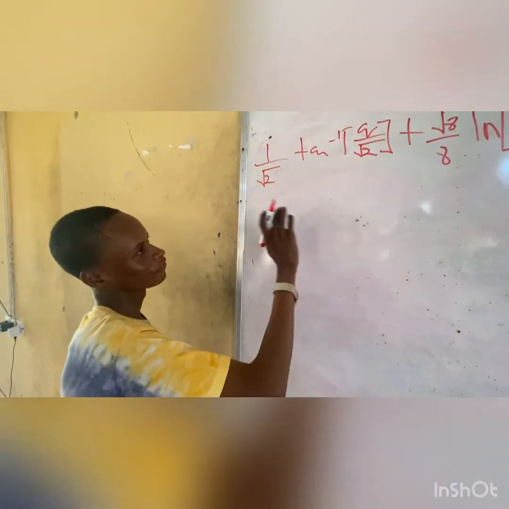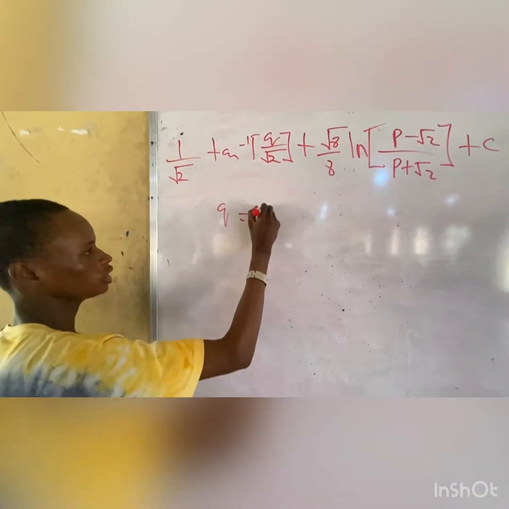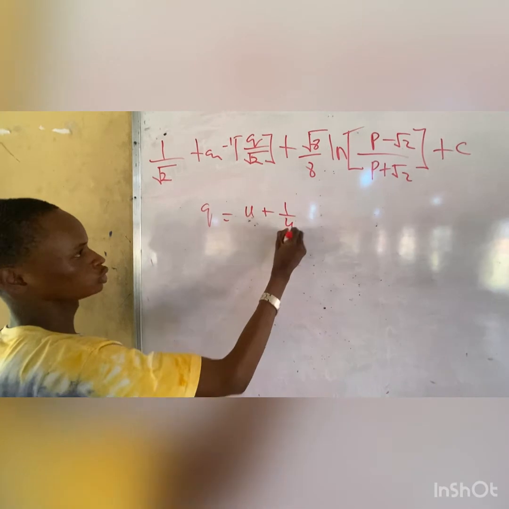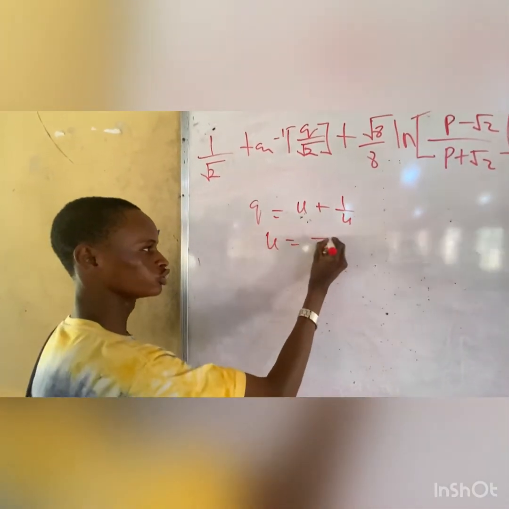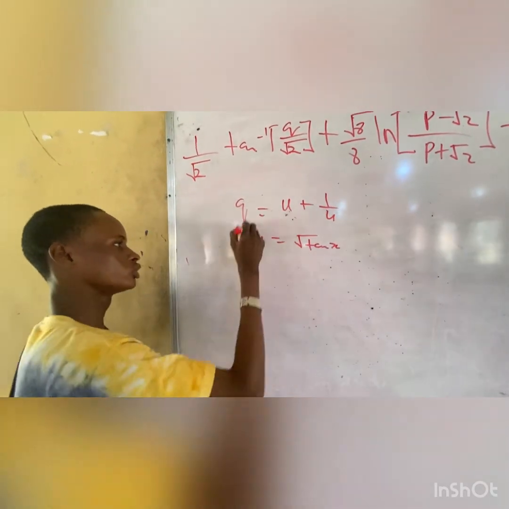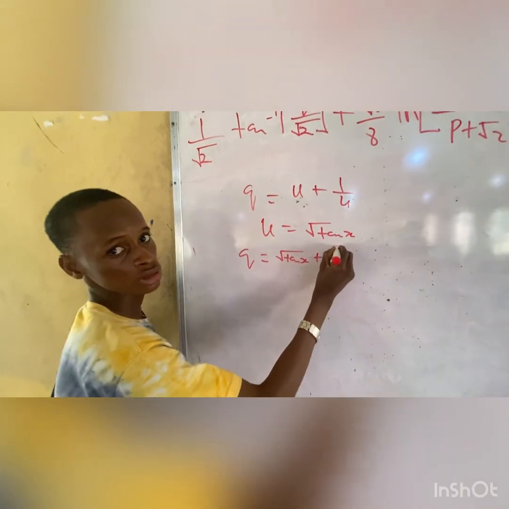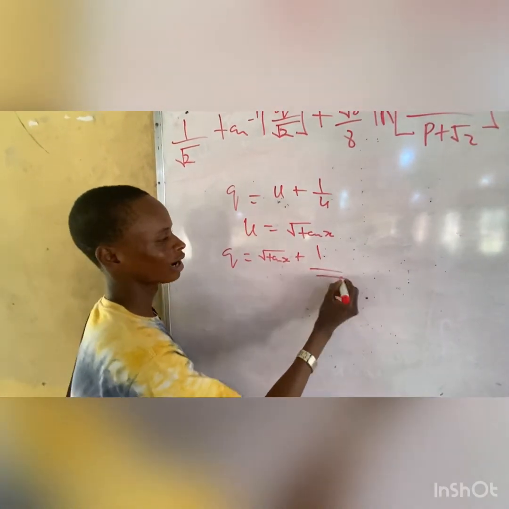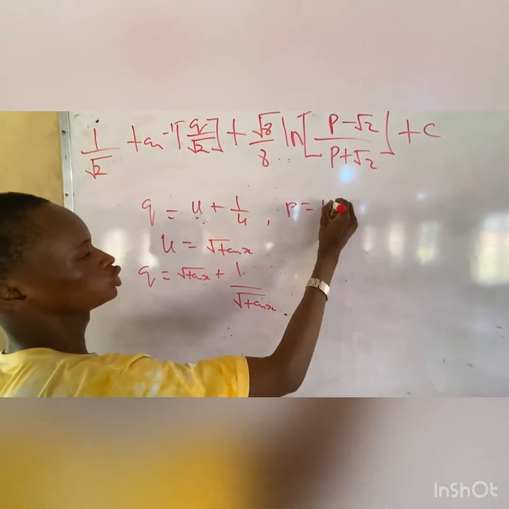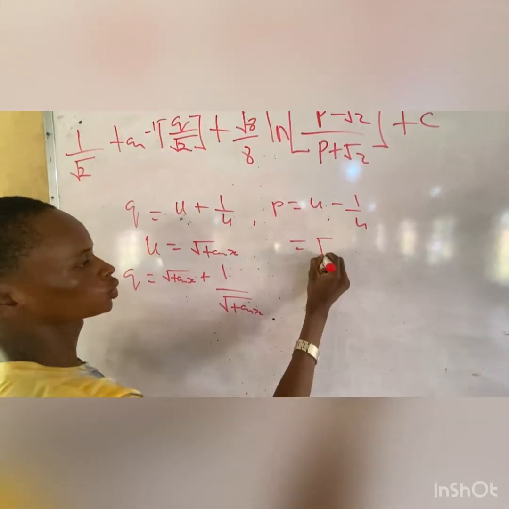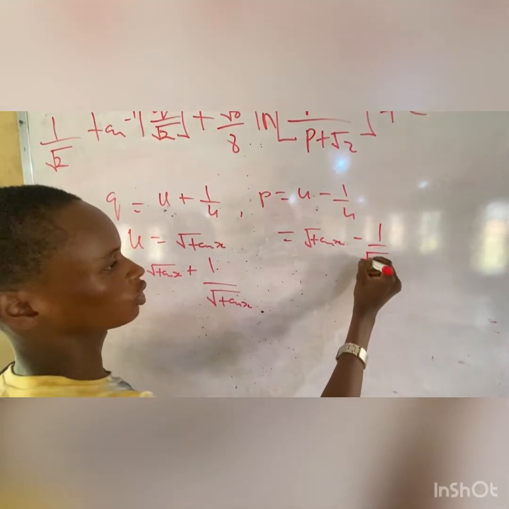Remember that we used Q equals U plus 1 over U, and initially U is the square root of tan x. So our Q is the square root of tan x plus 1 over the square root of tan x. Also our P is U minus 1 over U, so that is the square root of tan x minus 1 over the square root of tan x.